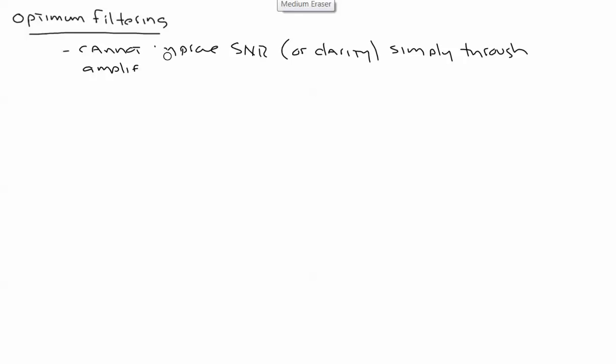Oops, my eraser got out of the way. We cannot improve signal-to-noise ratio simply through amplification. So this is the situation that we're going to be looking at today.